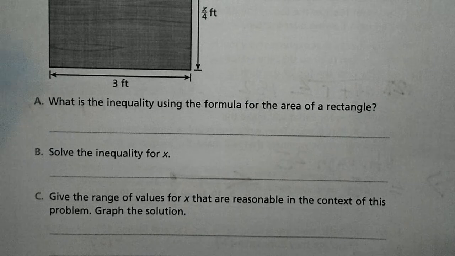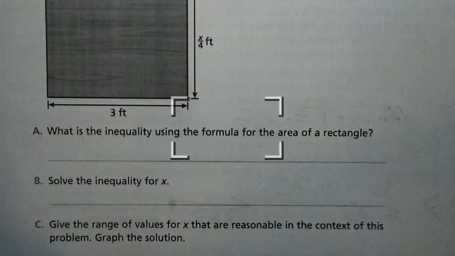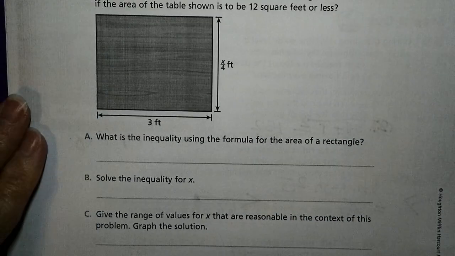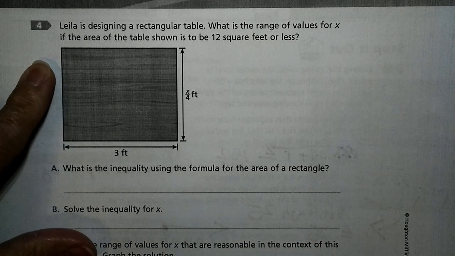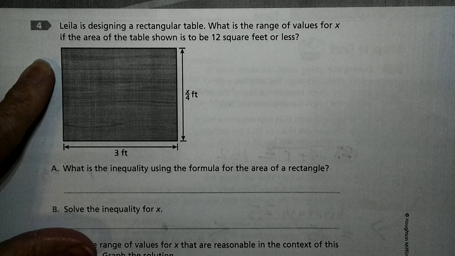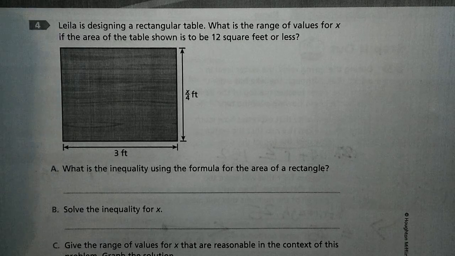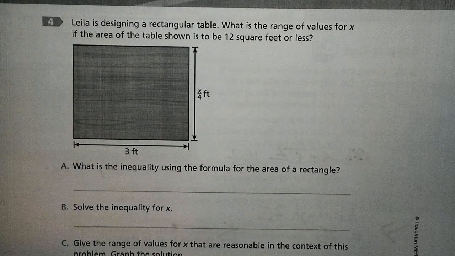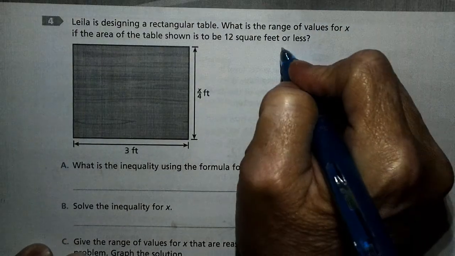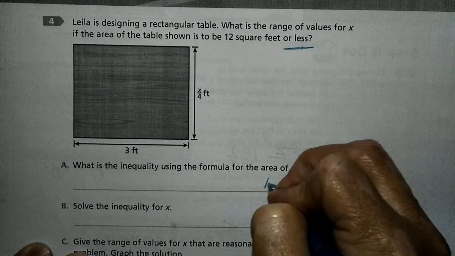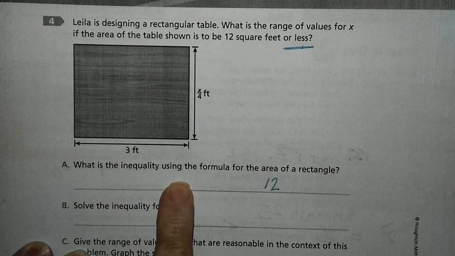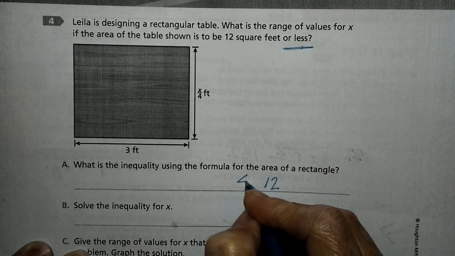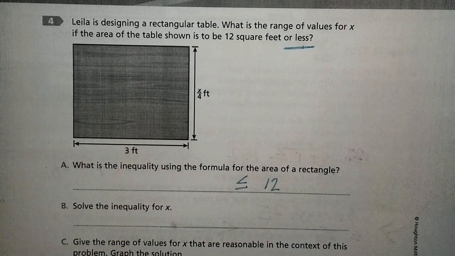All right, so let's look at the last one. Remember area. It says Leah is designing a rectangular table. What is the range of values for x if the area of the table shown is to be 12 square feet or less? So that means my 12 is the total, and what is on this side of the inequality has to be less than or equal to 12.